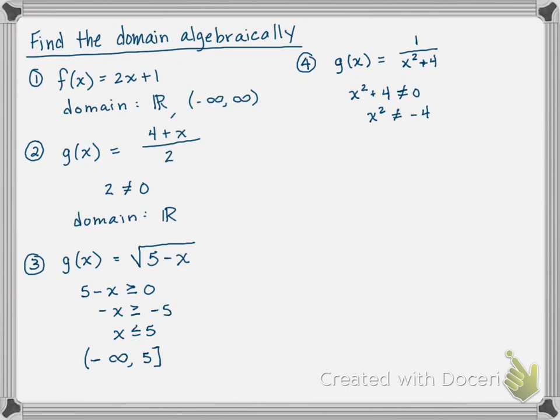Well, greater than or equal to 0. It can be 0 too. But it's never equal to negative 4. There's nothing I can square to get negative 4. And so there's no restriction here. Does that make sense? And so the domain is, again, all real numbers.